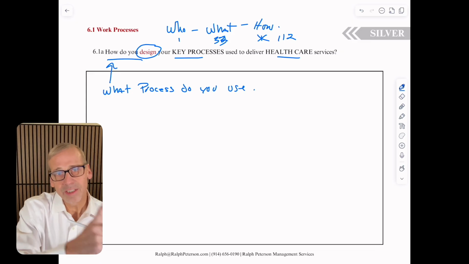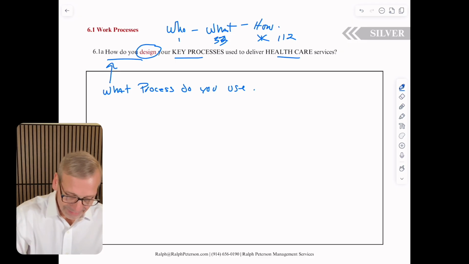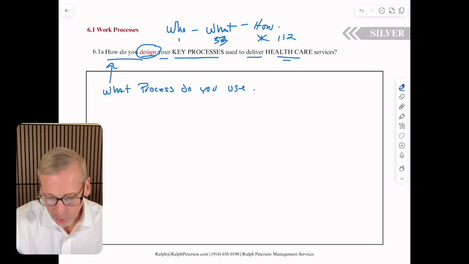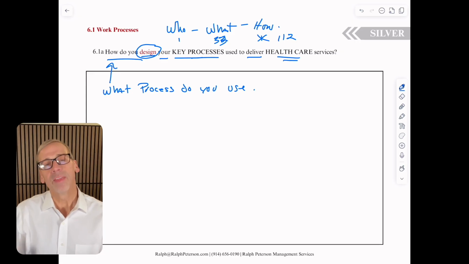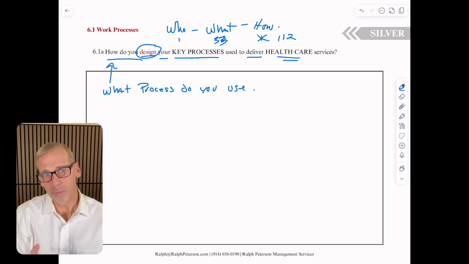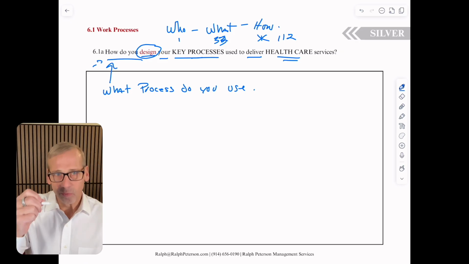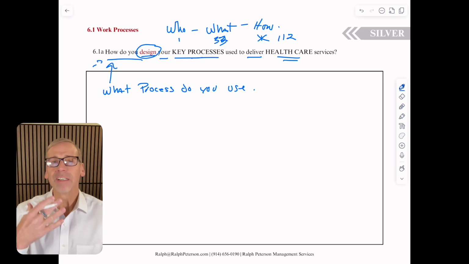What process do you use to design your key processes that you use to deliver your healthcare services? That is the question. Every time you see the word how, it is what process.